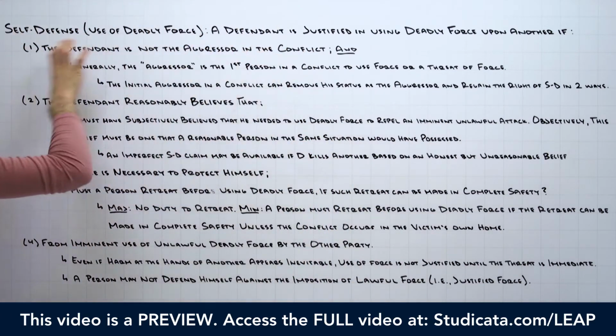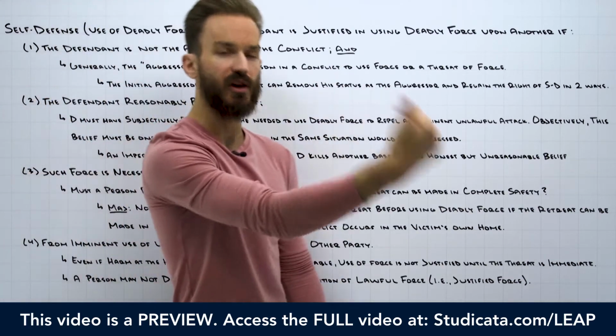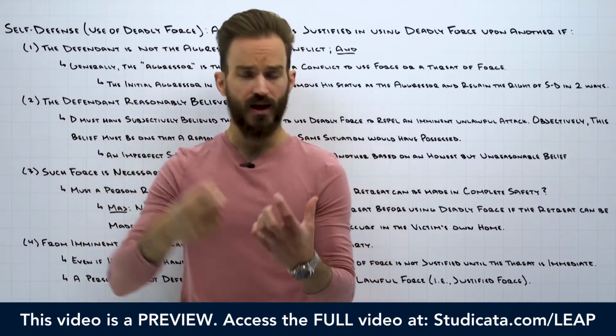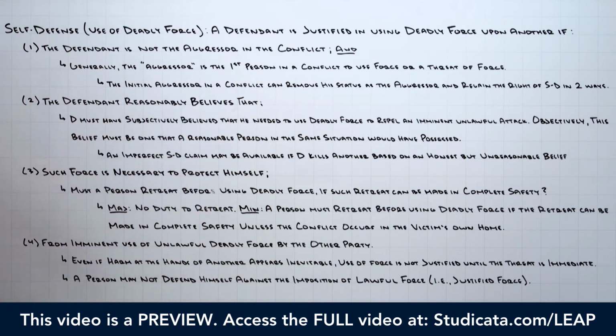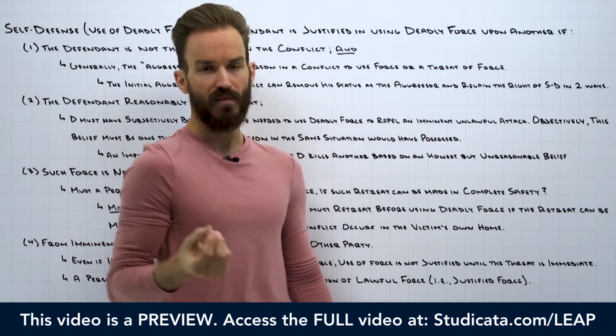But again, step one, it's always really important to determine in a conflict who is the aggressor. Really important to recognize that there's a difference between an instigator and an aggressor. The aggressor is the first person in a conflict to use force or a threat of force. If somebody's just insulting another person, that does not make them an aggressor.